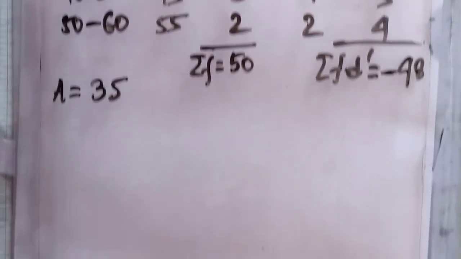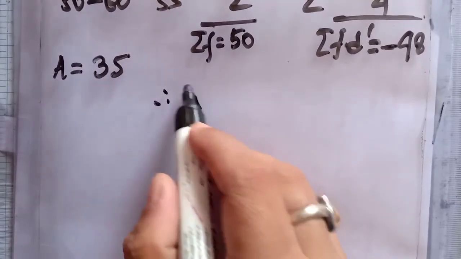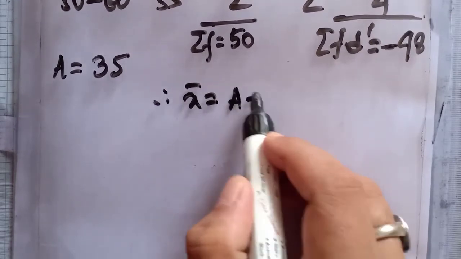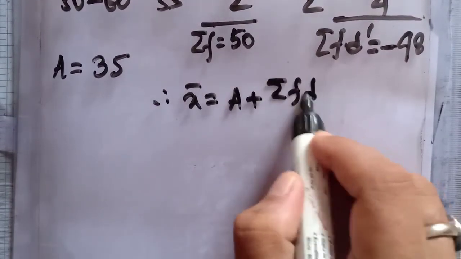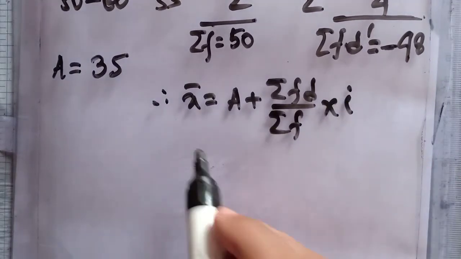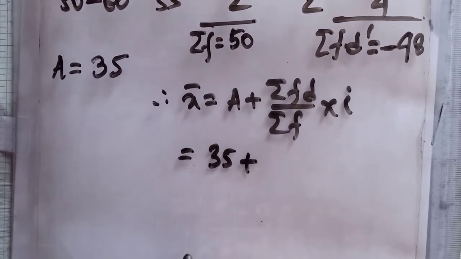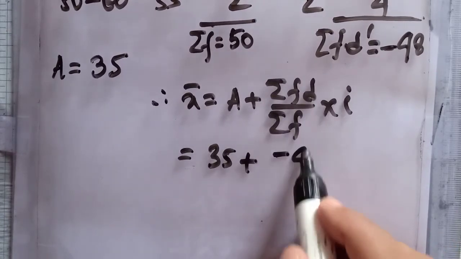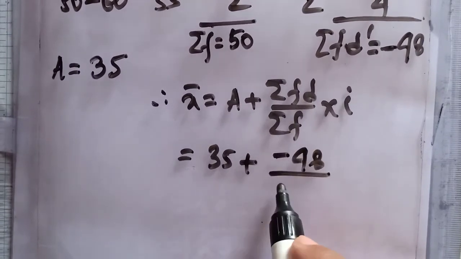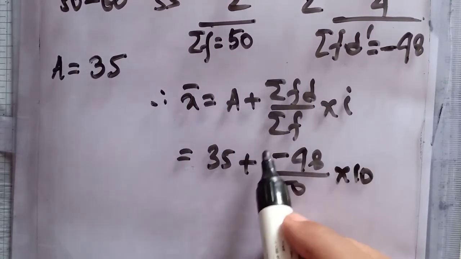To calculate the value of mean, therefore x bar equals a plus summation fd dashed divided by summation f, into i, equals 35 plus, by formula, minus 48 by 50 into 10. 10 is the class interval.